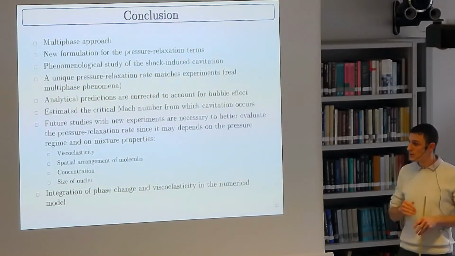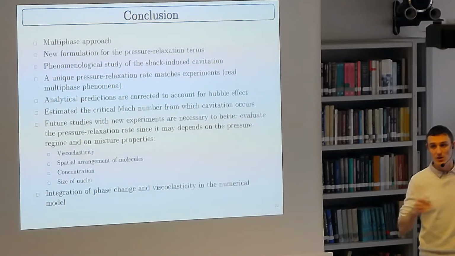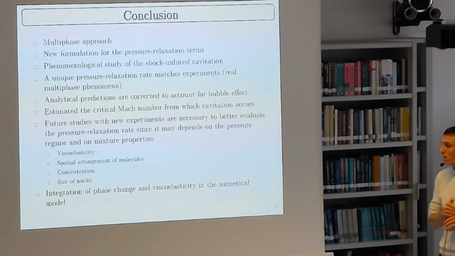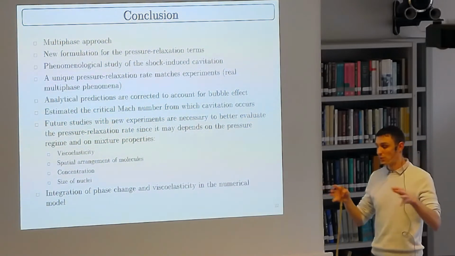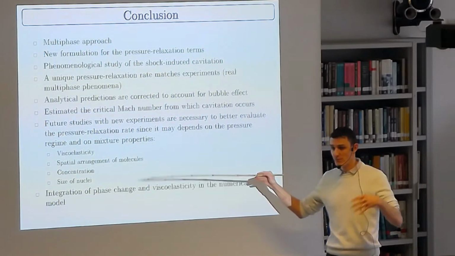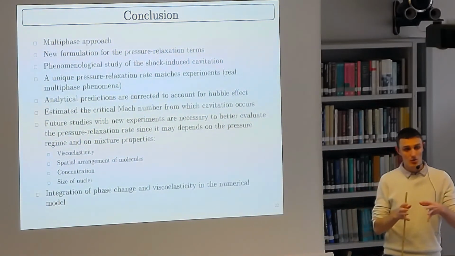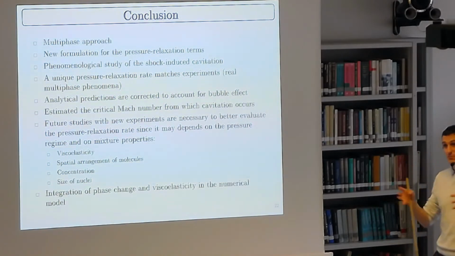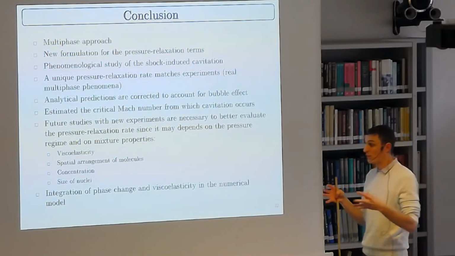So even if we look at just one bubble and we try to see what's going on, you can realize that what matters the most in bubble growth or collapse, what is usually done, is actually not the fact that there is phase change happening, but what is mainly controlling the behavior is that they don't act the same way.